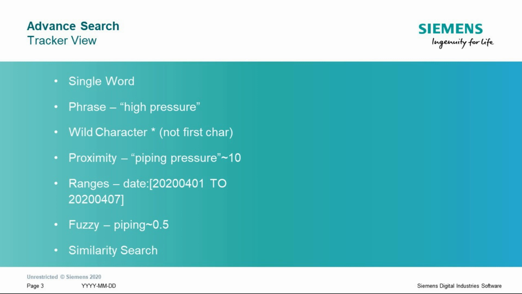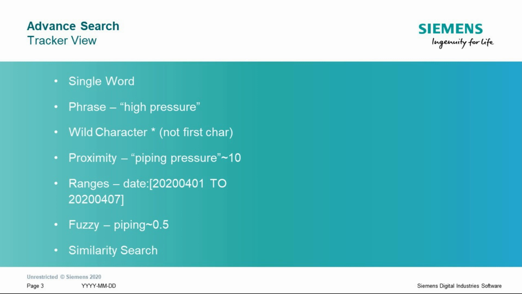Now, there is a proximity capability as well. It sets up like this, where you have a double quote, you have one or more words in here, 2 words in this case. You have piping and pressure. Now, the tilde has a couple different functions. In this particular case, it's telling me to find the occurrences of piping and pressure that are up to 10 words apart.